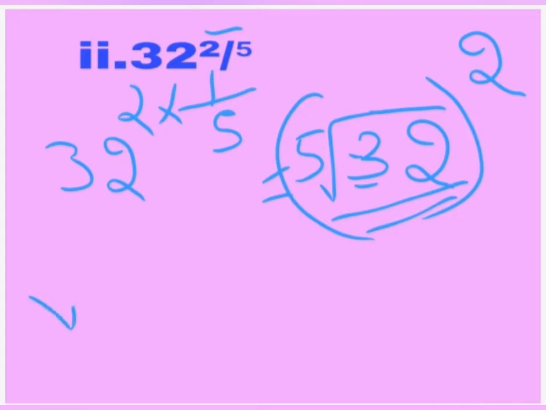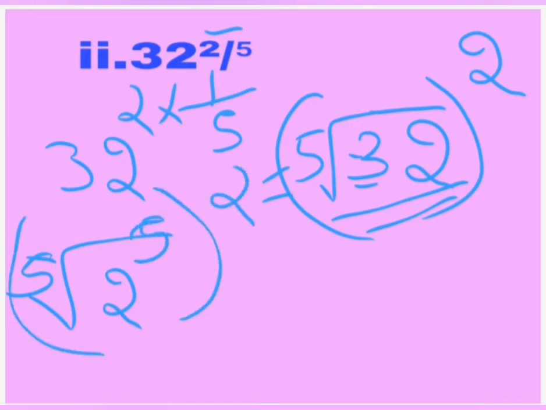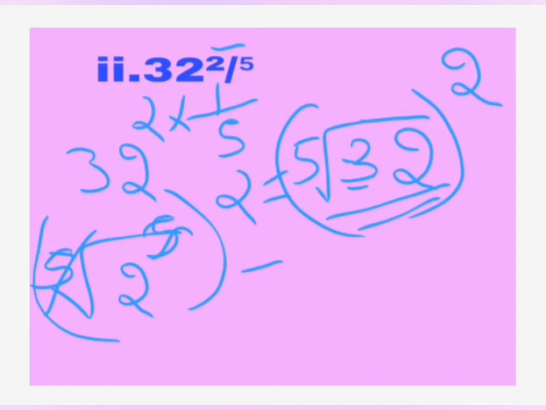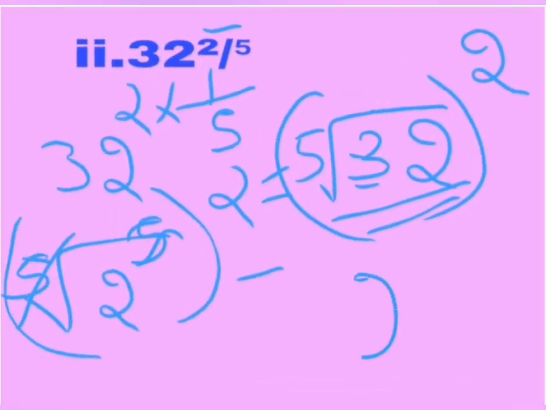So fifth root of 32, by finding the factors of 32, we can write 32 as 2 to the power 5. Fifth root of 2 to the power 5 whole square. Now this fifth root and power 5 get cancelled and you will get 2 to the power 2.